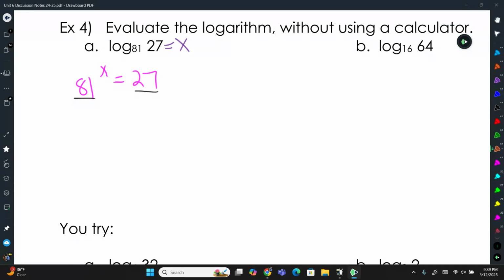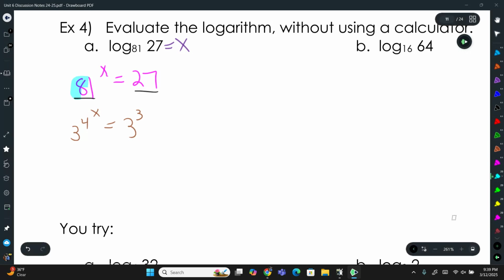So again, we need to think hard and say, okay, what can I rewrite these as where they have the same base? 3 to the 4th power is equal to 81. And 3 to the 3rd power is 27. So I just repackaged or rewrote what these are.